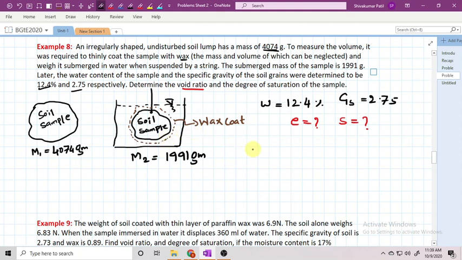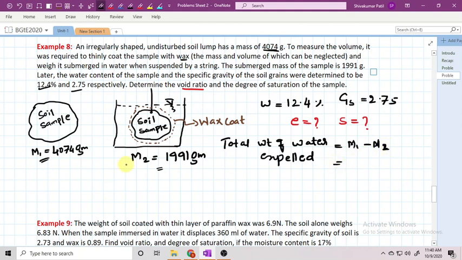So the total weight of water expelled is nothing but the difference between your mass in air and the mass in the submerged condition, that is M1 minus M2.